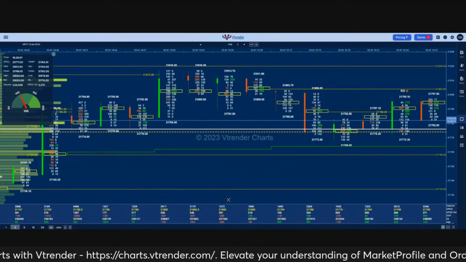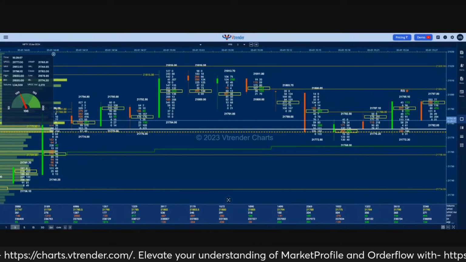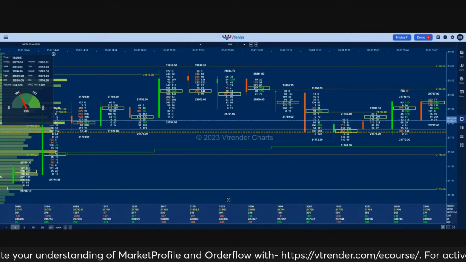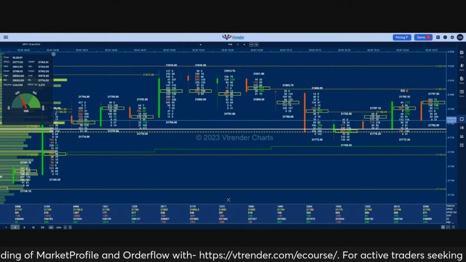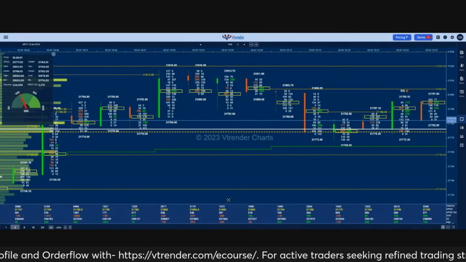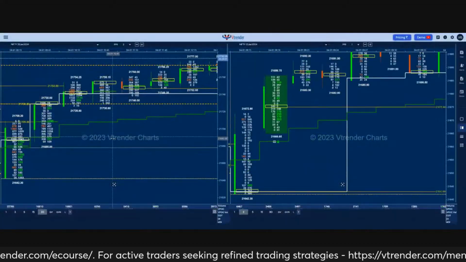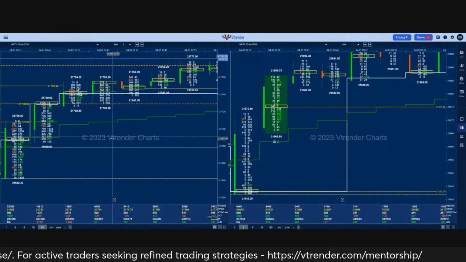I'll give you one very good example of what happened today in Nifty futures and why the bias for today was not as bullish as it was yesterday. So I'll just quickly go to the 30-minute order flow chart. I'll start from yesterday's chart.